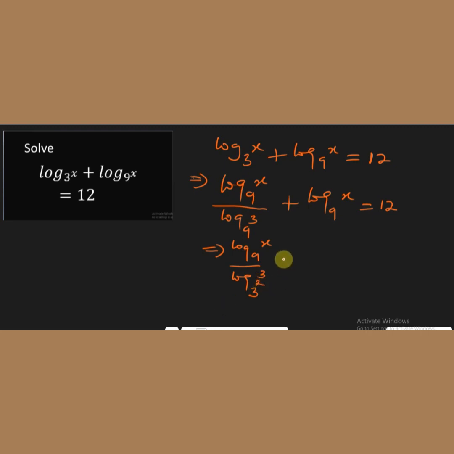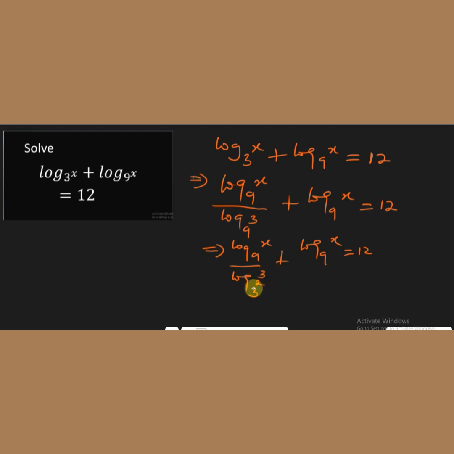So plus log 9 raised to the power of x is equal to 12. So what I'm going to do here is to multiply the log itself with the reciprocal of 2, the power law. The goal is just to have log of its own base here, which will give me 1. Because if I remove these 2 here, I'm going to have log of its own base, log 3 raised to the power of 3.